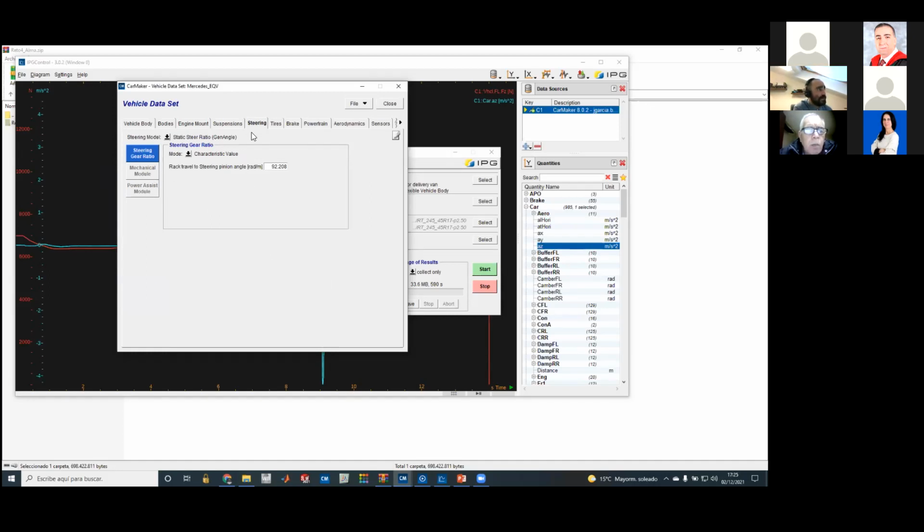Regarding steering, I can also define the steering gear ratio.